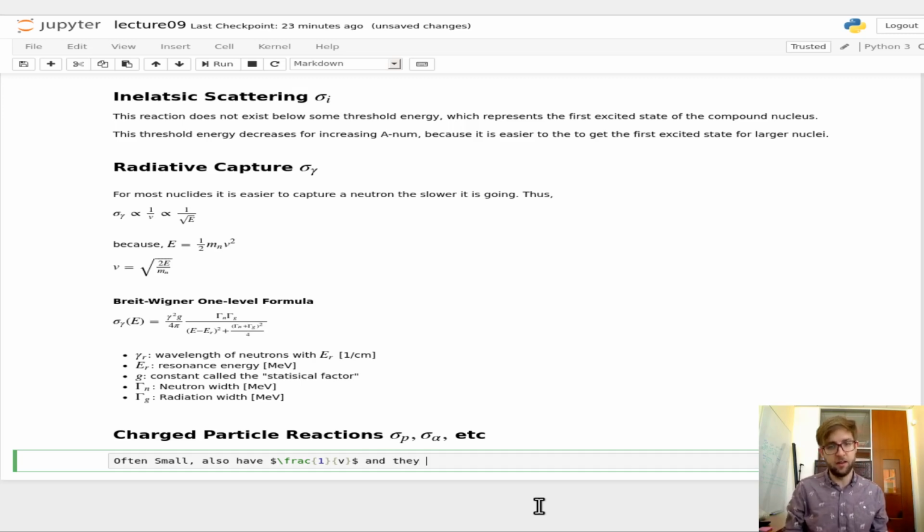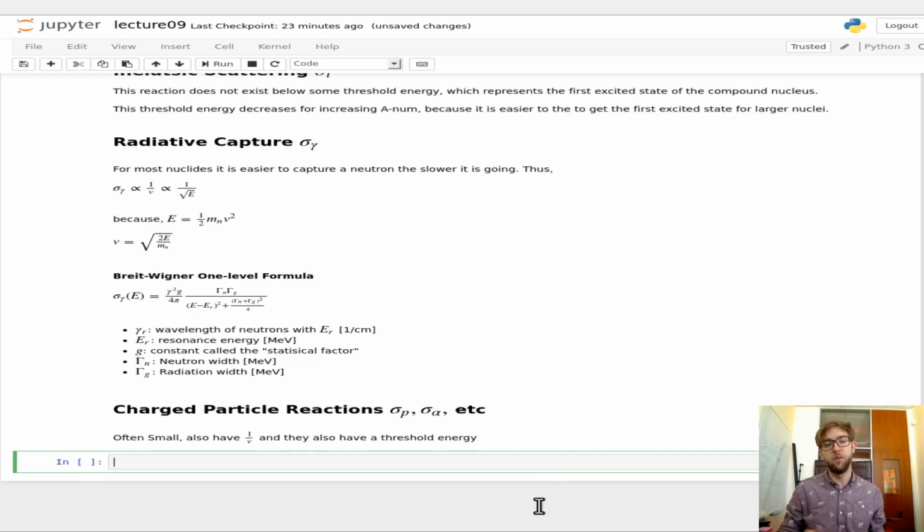And they also have a threshold energy. So they're more likely at lower energies, but you have to have a certain amount of energy for it to occur in the first place. That's the way to think about that.